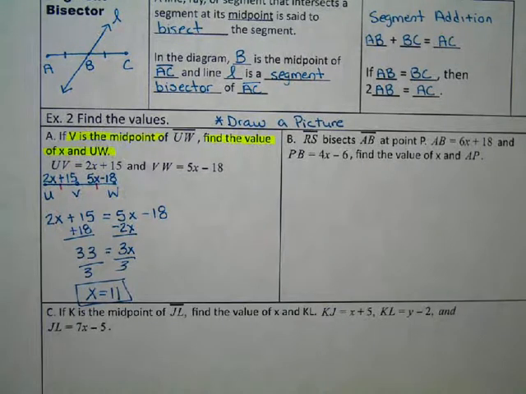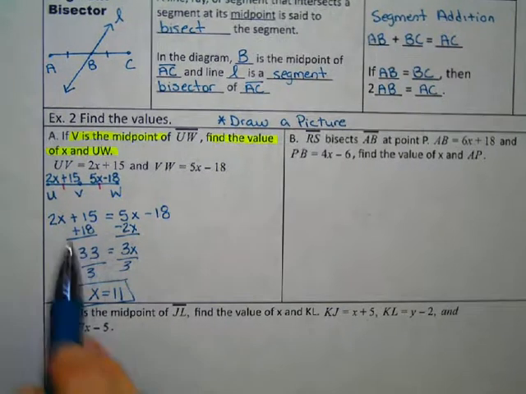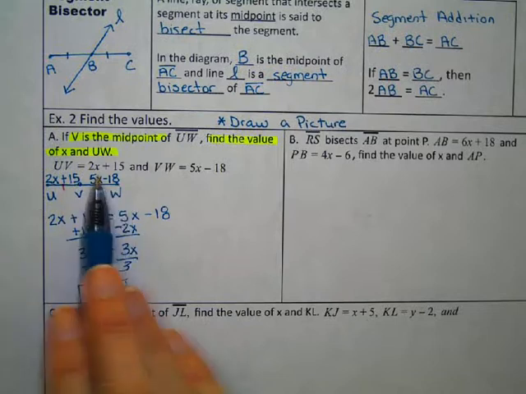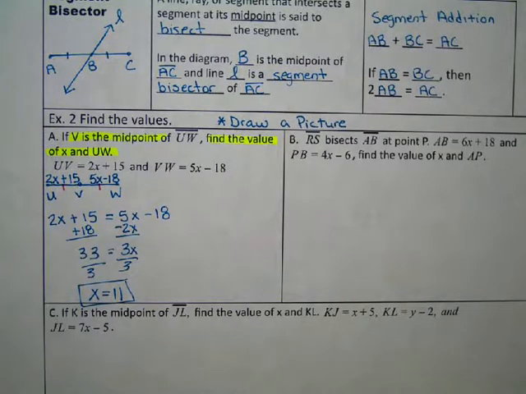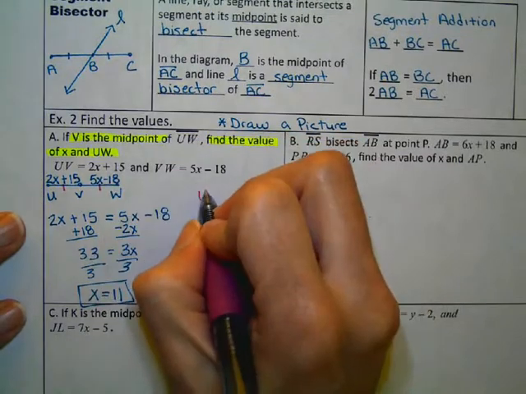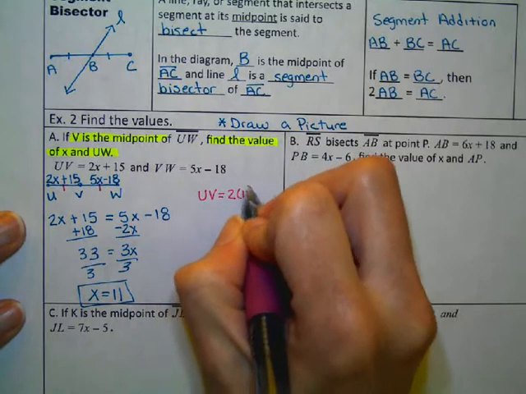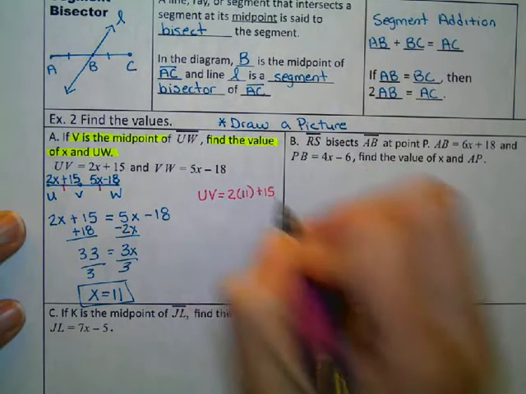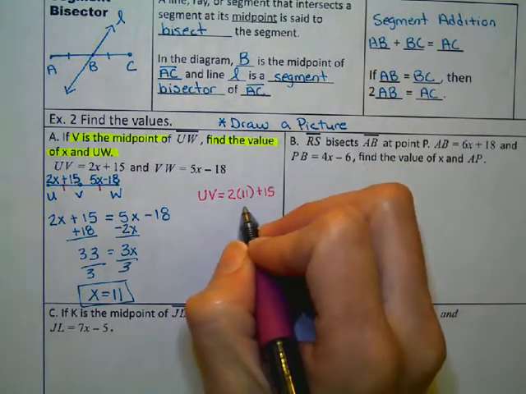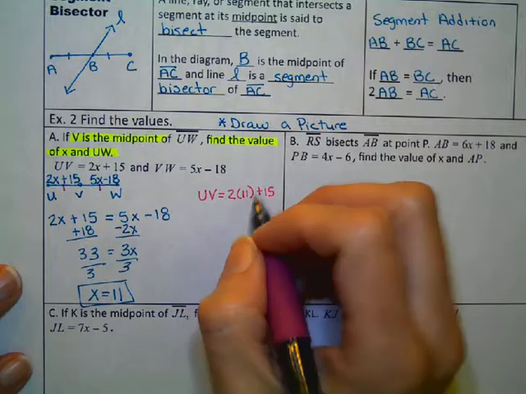Find the length of UW. Now if you look back up here, UW is the whole length, but they didn't give us a UW to plug that into. So I'm going to plug it into UV. 22 plus 15 is 37.